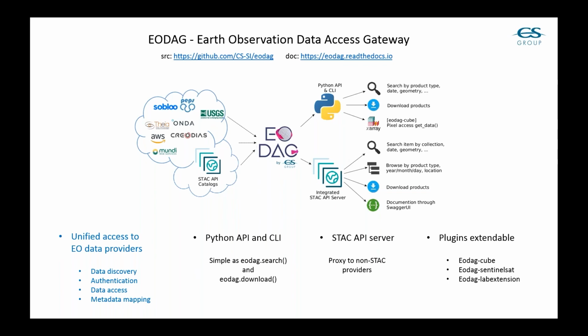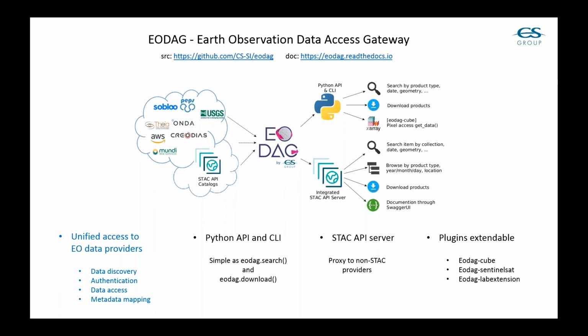And for data access, we can also have HTTP download, object storage, or direct file access. EODAG provides a unified API for search, authentication, data access, and also metadata, using the OGC OpenSearch for Earth observation extension as reference.